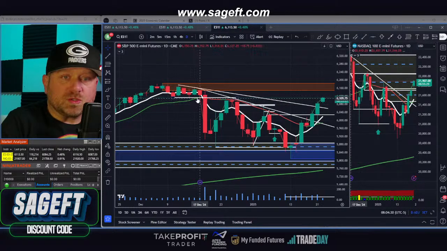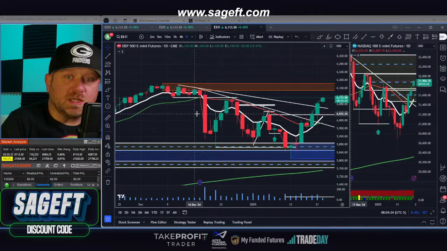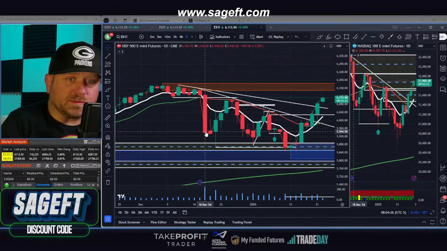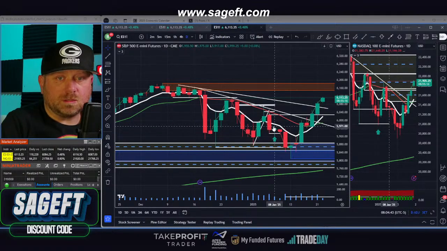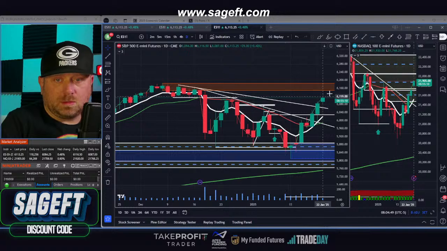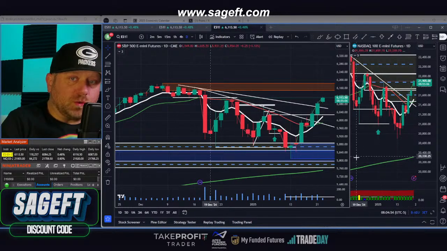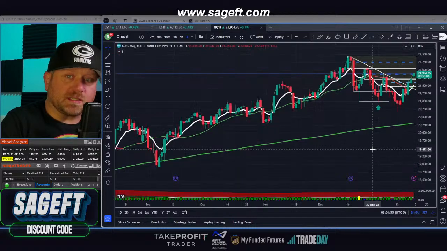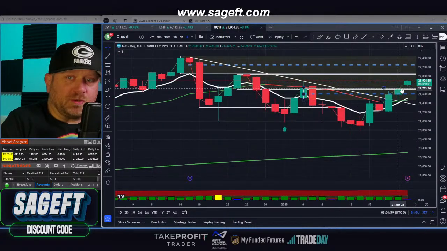So now we're challenging the support levels before we started this precipitous drop. Good. AI is doing its job. So what do they do? Let's go into the NASDAQ for a hot tick. What do they do with this gap here?